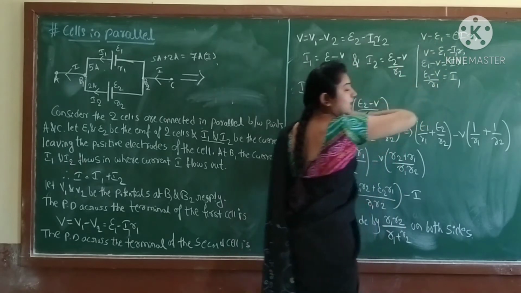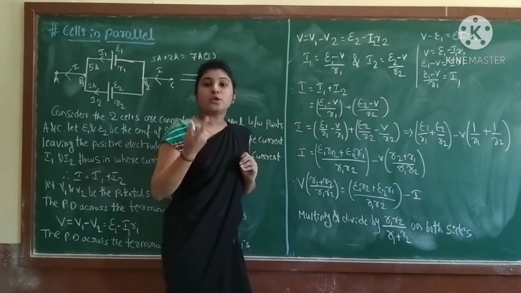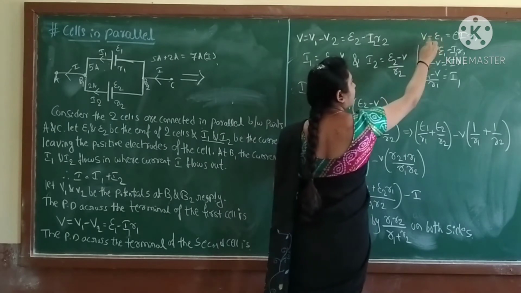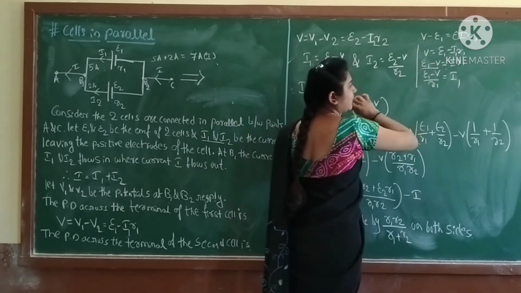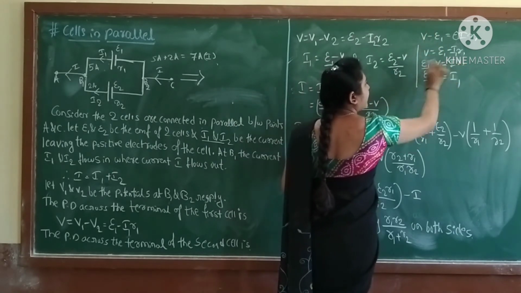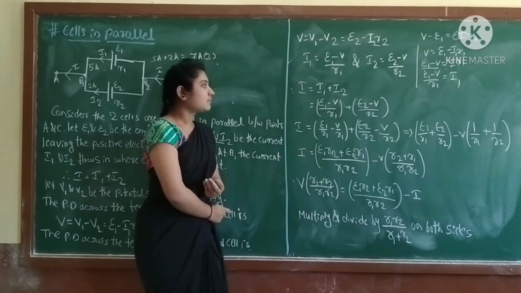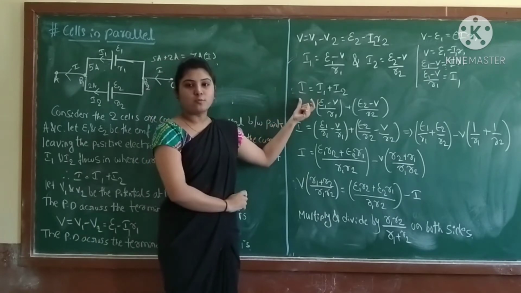So here the negative sign is there, no? In order to remove that negative sign, I change the position of this. I made it E1 minus V is equal to plus I R1. Understood? Then we have the formula.